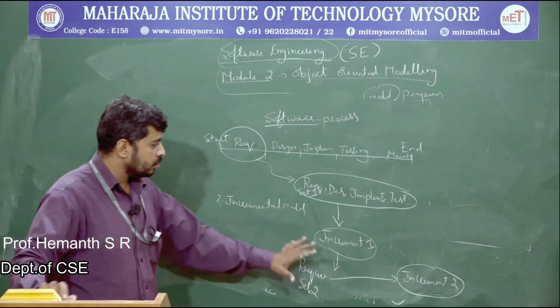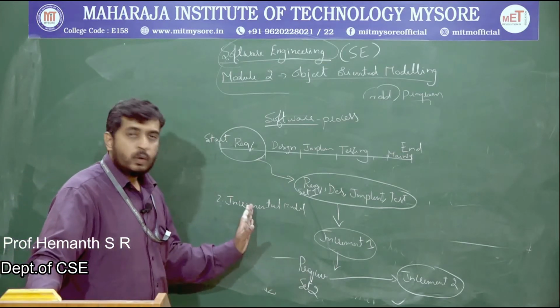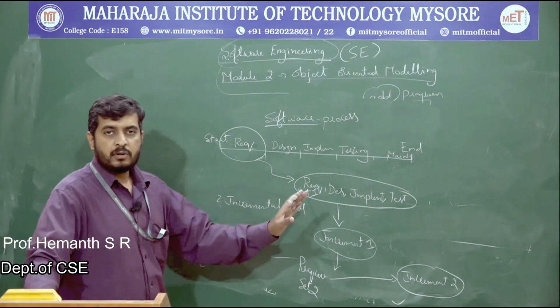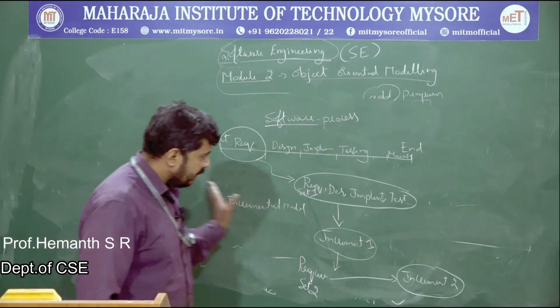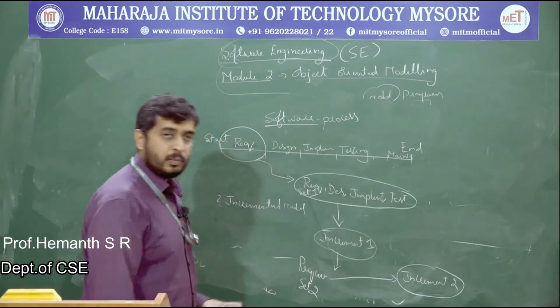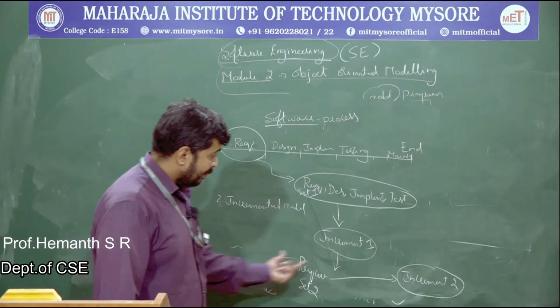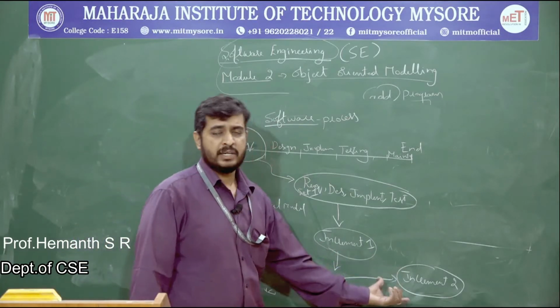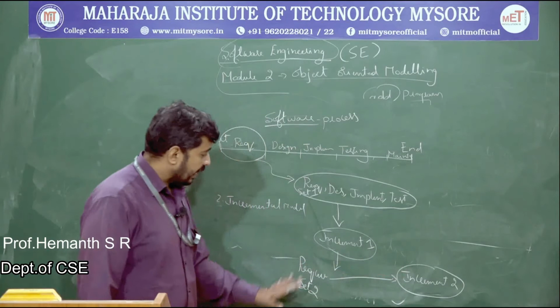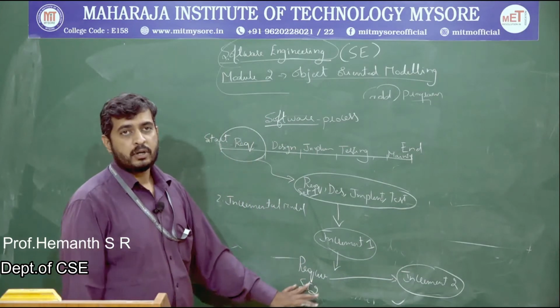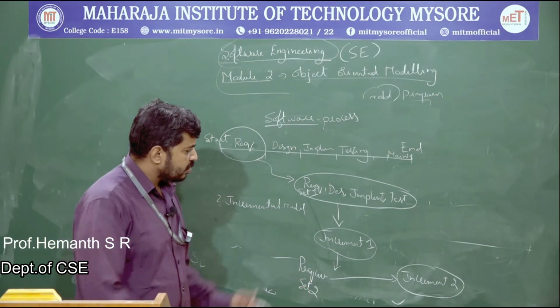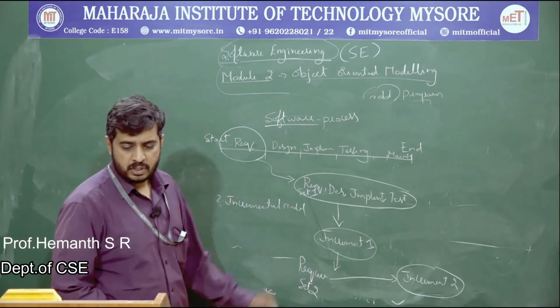Please note, we are not going in a sequential, serial fashion in the incremental model. Instead, we are developing small increments at a time based on our understanding of the requirements at that point of time. It is slowly helping us evolve. So this was the second model.